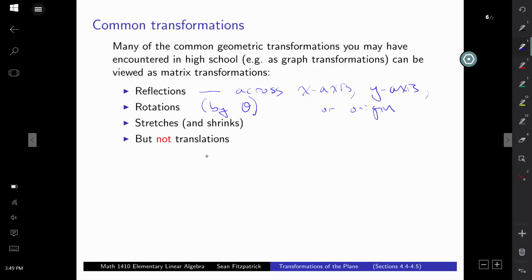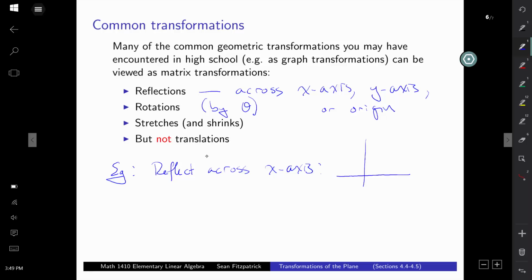So if I want to think about, for example, let's say I want to reflect across the x-axis. So what does that look like?